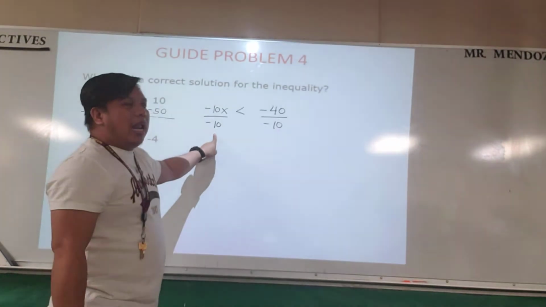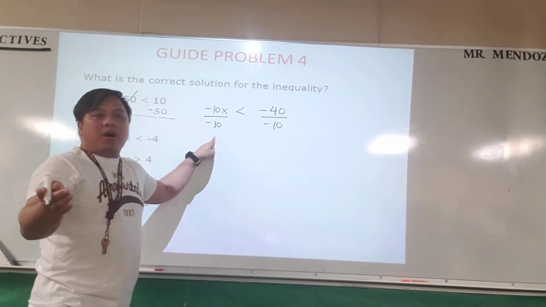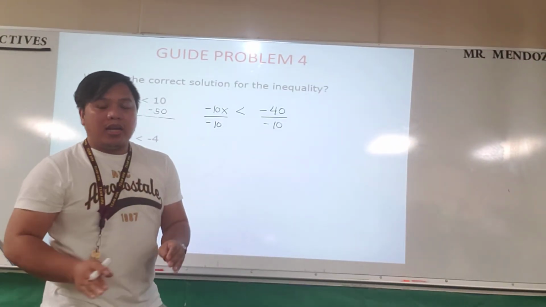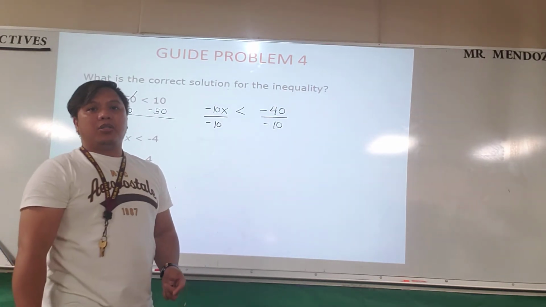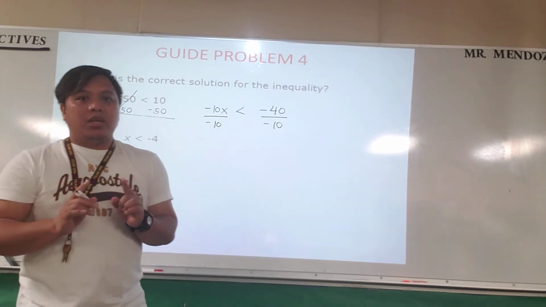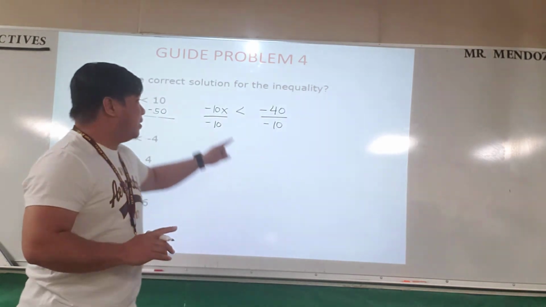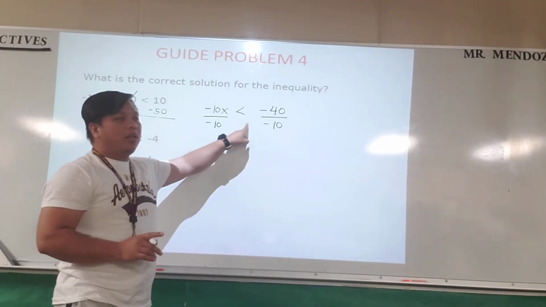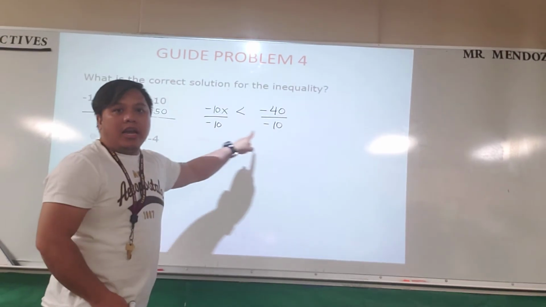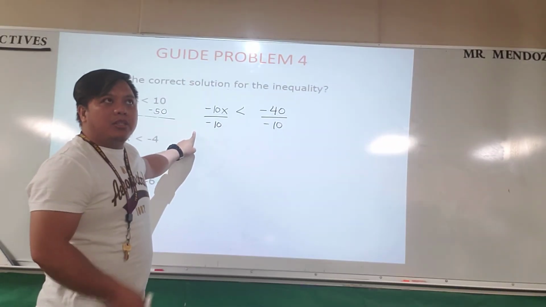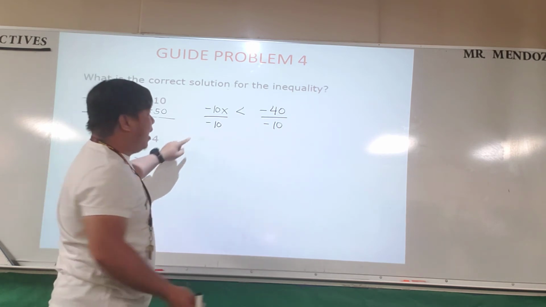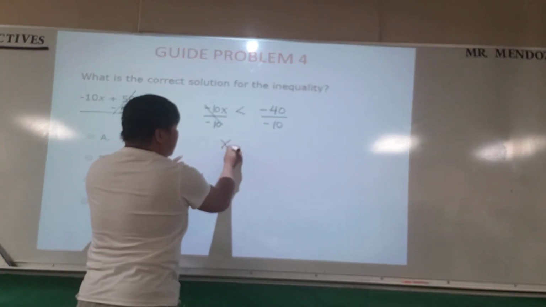Like I said a while ago, whenever you divide by a negative number when you talk about inequalities, you're going to reverse the symbol. So in this case, we're going to reverse the symbol because I'm dividing by a negative number. Negative 10 divided by negative 10 is basically positive 1x, so this is going to be x.